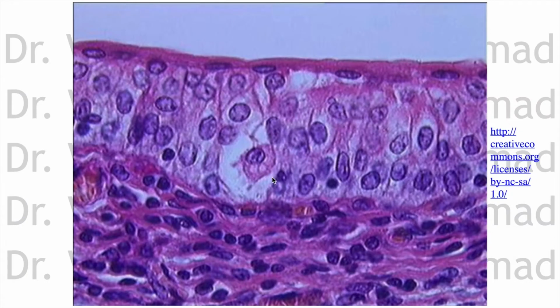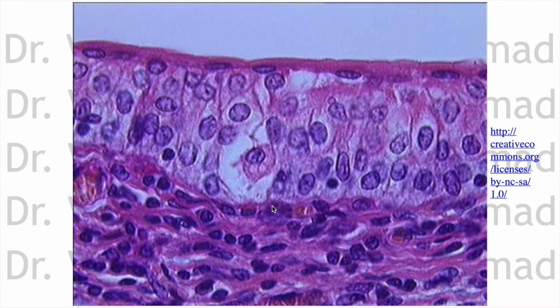This is a section of the mucosa of the urinary bladder, this transitional epithelium called transitional pseudostratified epithelium. Why pseudostratified? It looks like layers of cells, but actually it's only one layer of cells. See, only the nuclei are at different levels, but they all stick to the basement membrane.